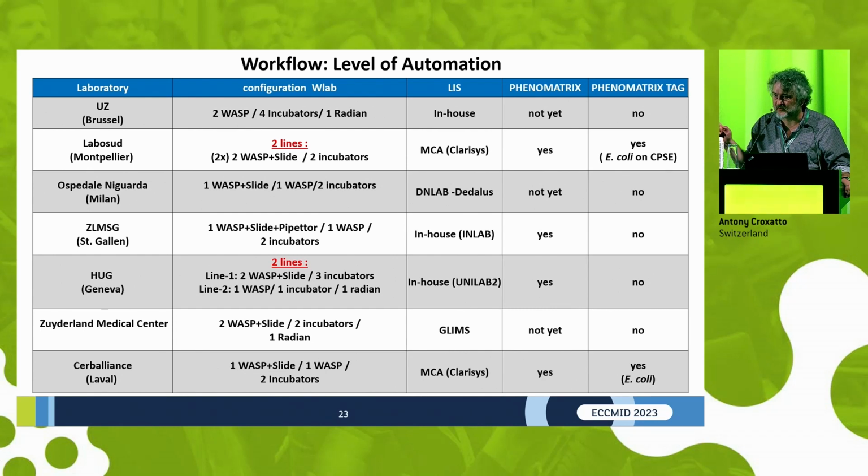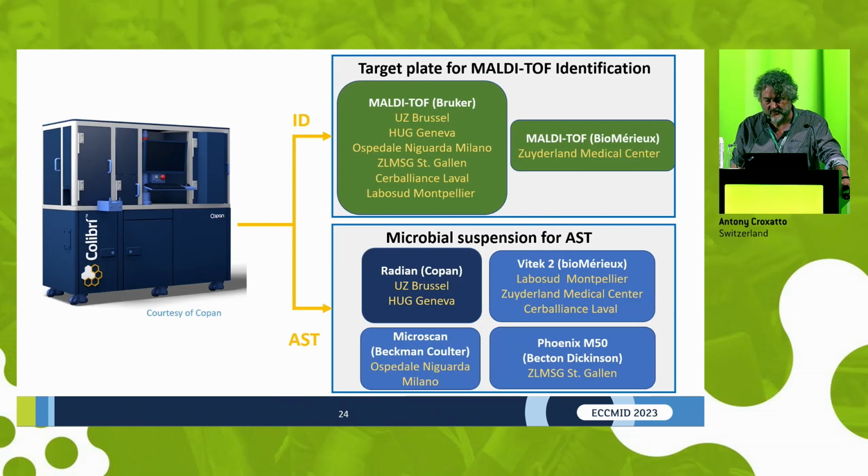I indicated here as well that, of course, the connection to the LIS is always an issue, and you can see that most of the labs have managed to connect their system properly with the different types of LIS, and that they are using what was recently described, Phenomatrix, for almost all the labs, and 2 labs are already using Phenomatrix tag, which I think is a very useful tool for the use of such a system as a Colibri.